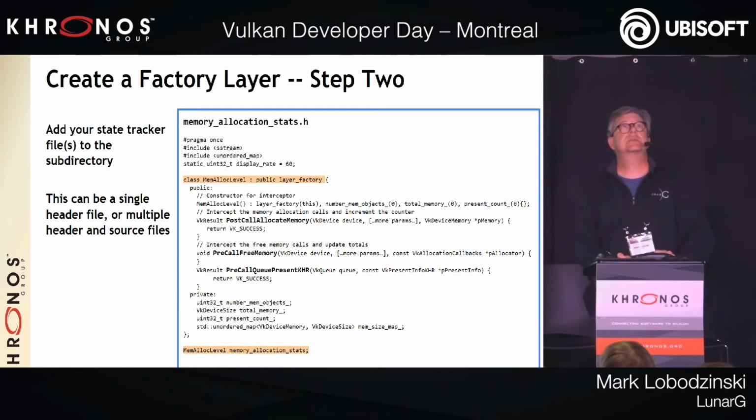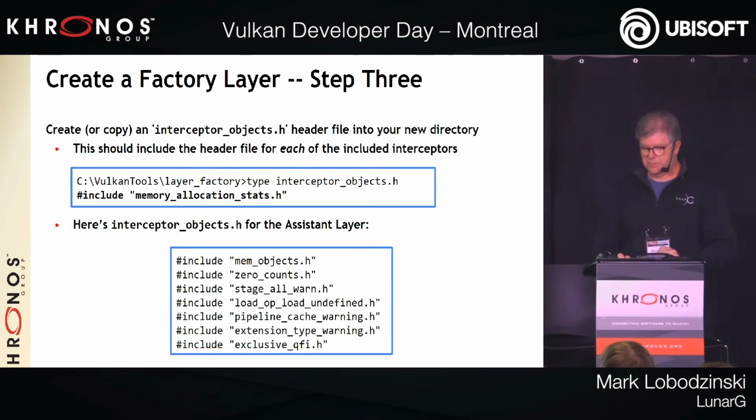And then the next step is there's a standard header file that's used for each of the layers, and this is called interceptorobjects.h. So each of your interceptors has a header file. You just include that in here.